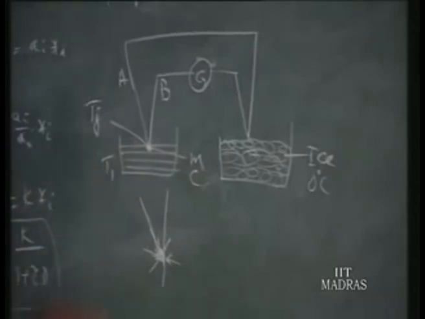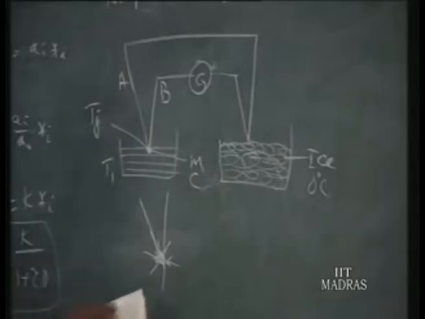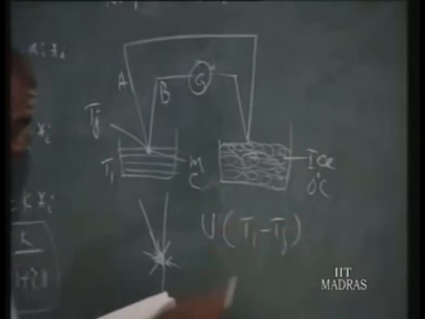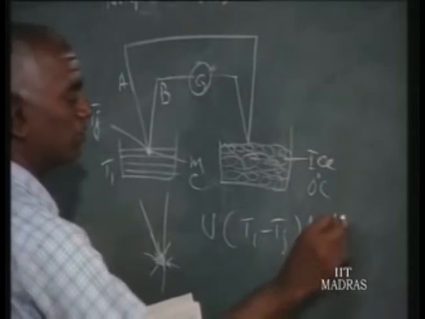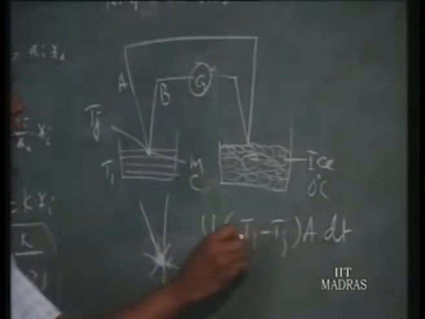In this situation, we equate the heat transmitted through the surface area to the heat stored by the thermocouple junction. We write this equation: U into (T1 minus Tj) into A for a duration of dt. This is the heat that has flown through the surface area: heat transfer coefficient, area and temperature difference.